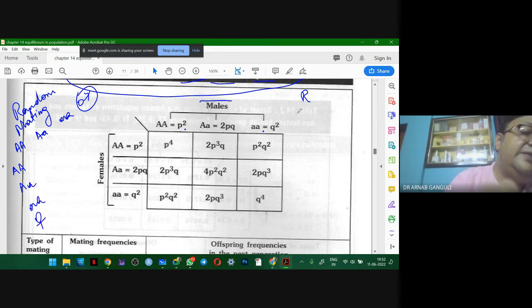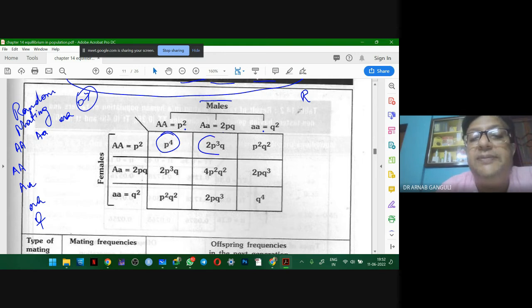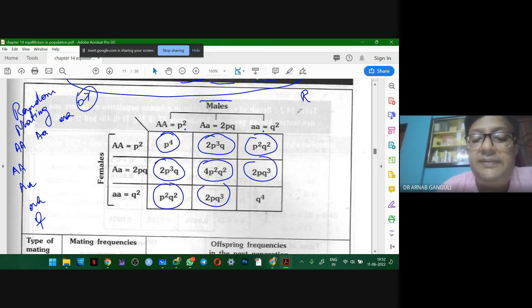These are males and females. So if this is P square, 2PQ plus Q square, if you multiply this, this becomes P to the power 4, this becomes 2P cube Q, P square Q square, 2PQ and so on. Like this, if you multiply them, these values come.